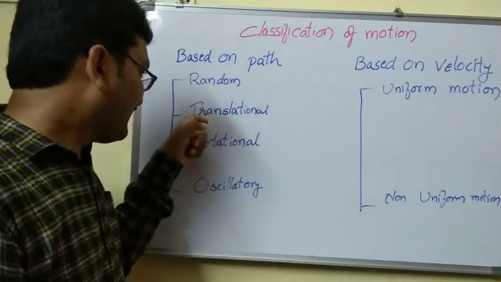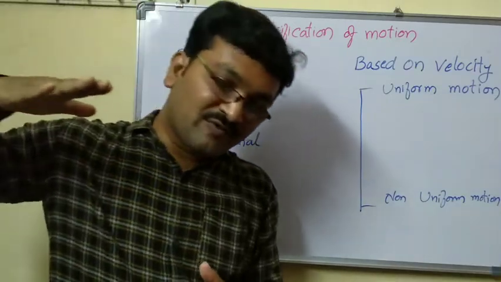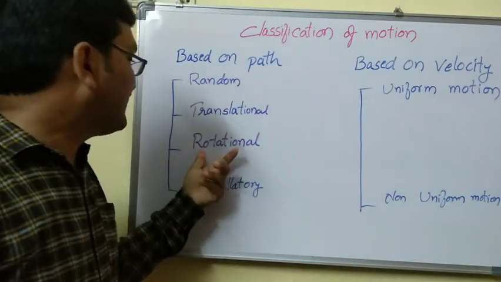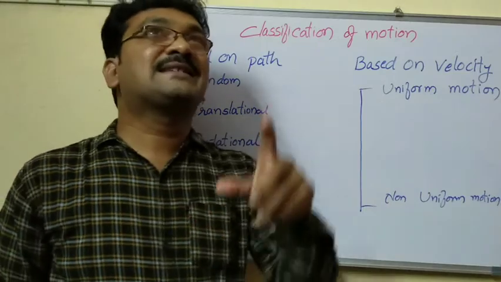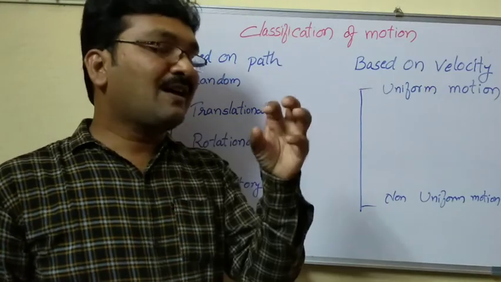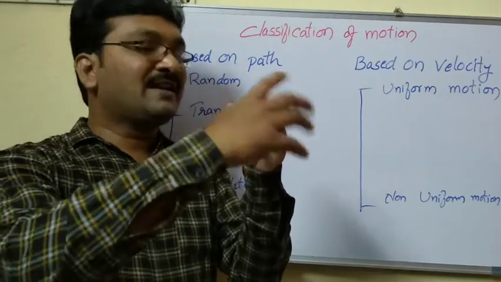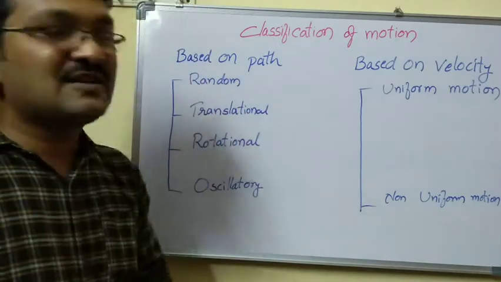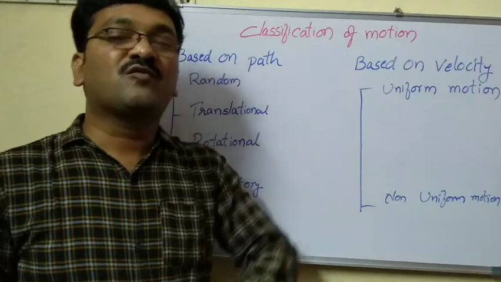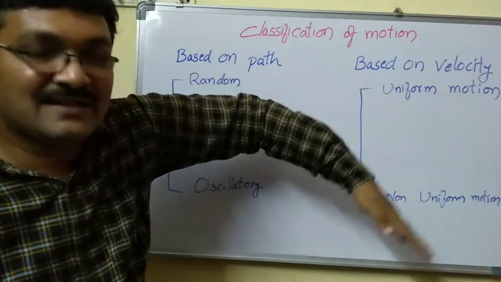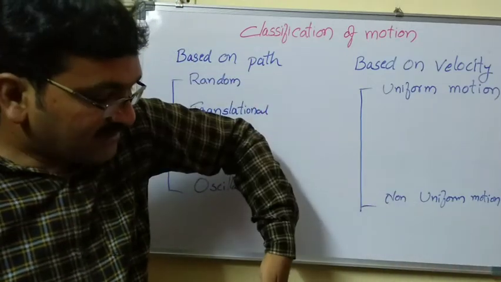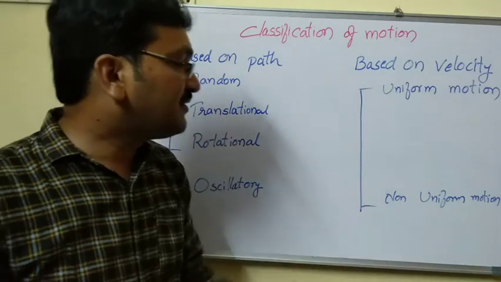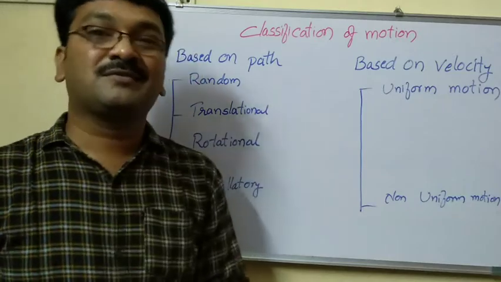Translational means a car is moving, where all the particles are projected. Next one is rotational. The best example is a ceiling fan, which moves around a fixed point. For oscillatory, a wall clock pendulum moves to and fro from the rest position. Uniform motion you know, and non-uniform motion also you know.